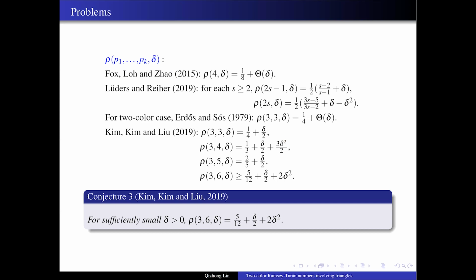Similarly, it is well understood for the one color case. However, for the 2 color case, we only know 3 values: rho 3, 3 delta, rho 3, 4 delta, rho 3, 5 delta.